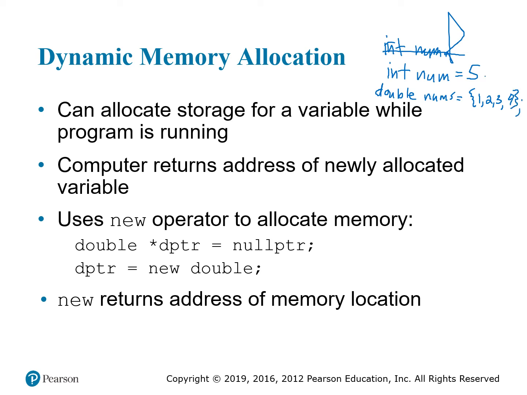We've set particular amounts of memory aside at compile time. That means we have to know how much memory we're going to need when the program compiles. We have to know how many numbers are going to go in the array nums before we compile the program.